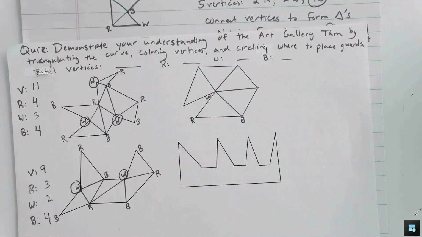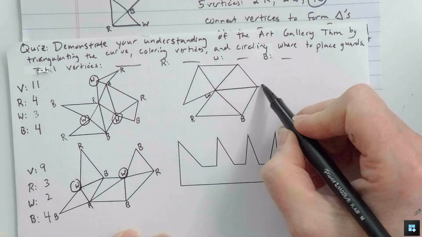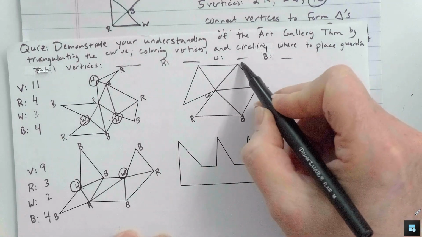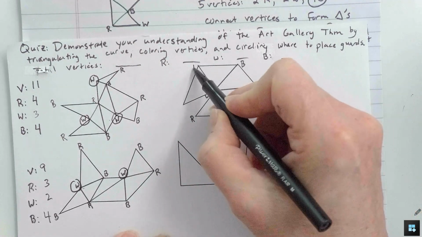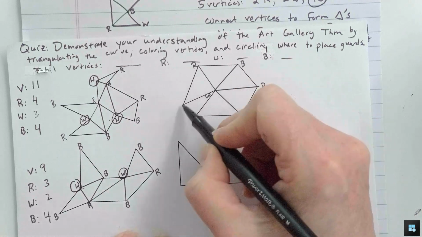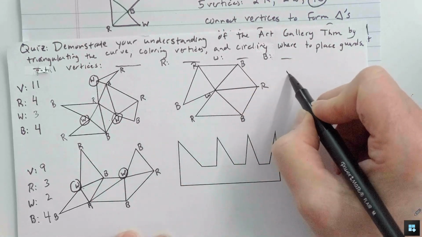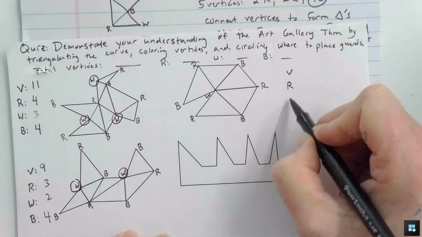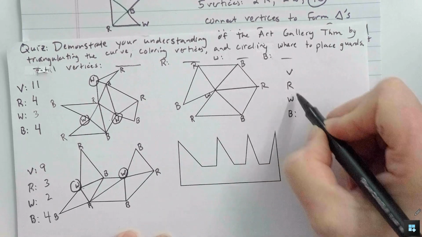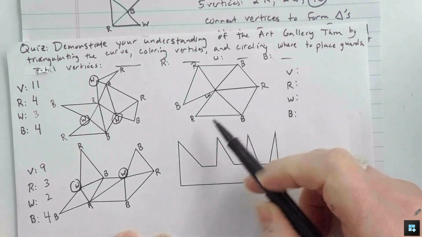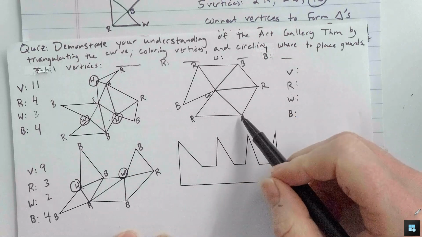Once you pick a triangle to identify colors on, then you're stuck with those colors. So this white, blue, this has to be red. White, red, this has to be blue. White, blue, this has to be red. Red, white, this has to be blue. One, two, three, four, five, six, seven.